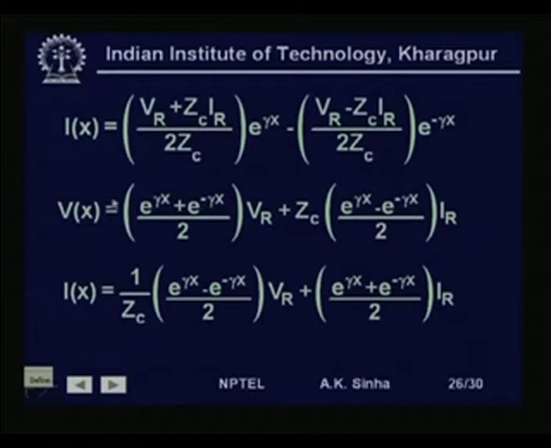Here we have got a relationship of V at a distance x in terms of receiving end voltage and current. Similarly, current at any distance x in terms of receiving end voltage and current.